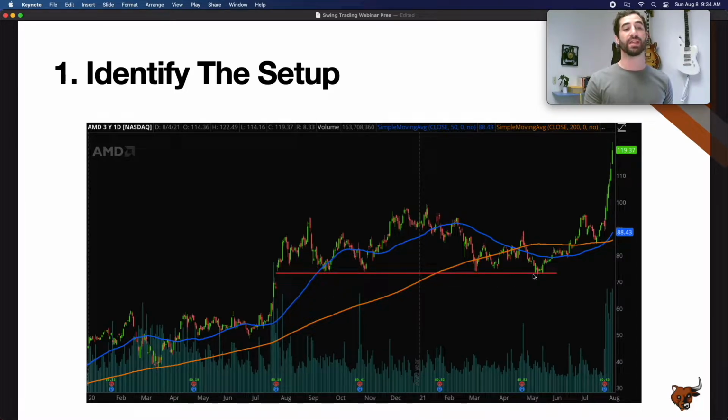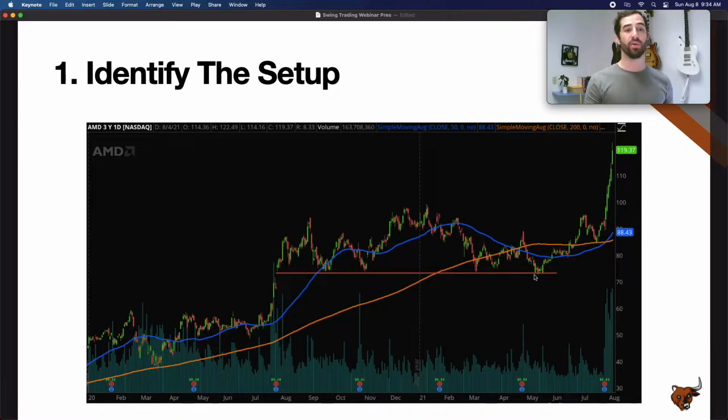Okay, so by the time that this happens, notice it pulls back and holds that level for around 7 days, something like that. Okay, so we had 7 days to look at this, digest the information, scale into our trade, buy a little. Do I like it, is it working, am I confident in the trade?